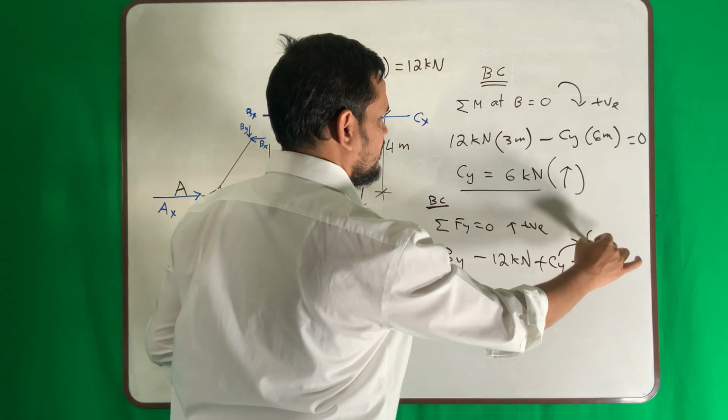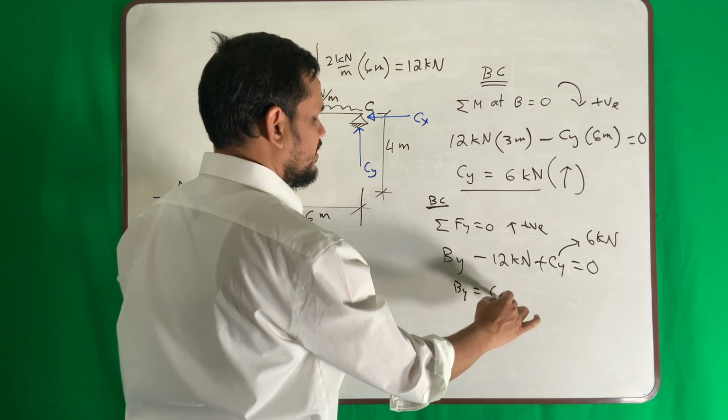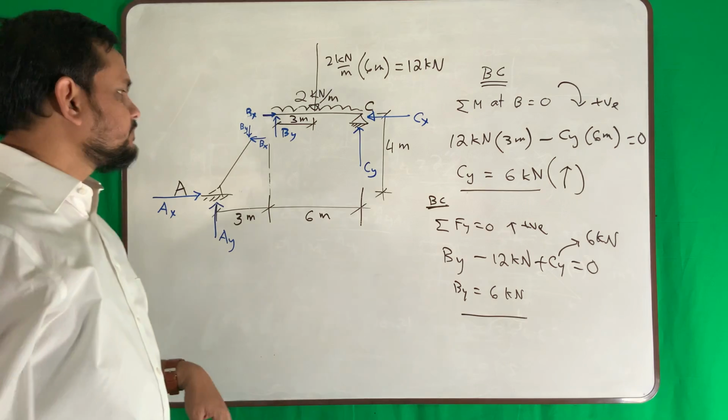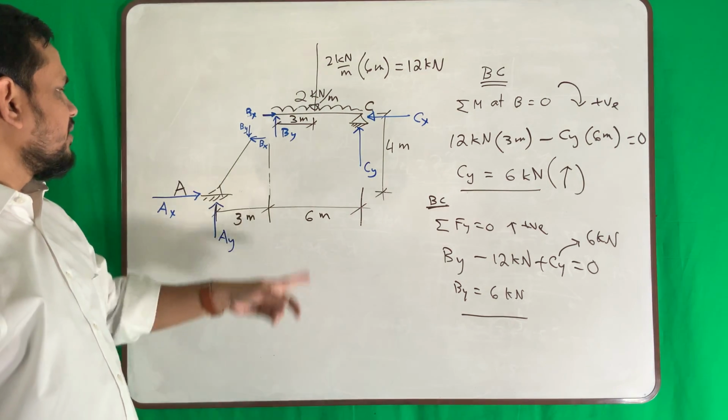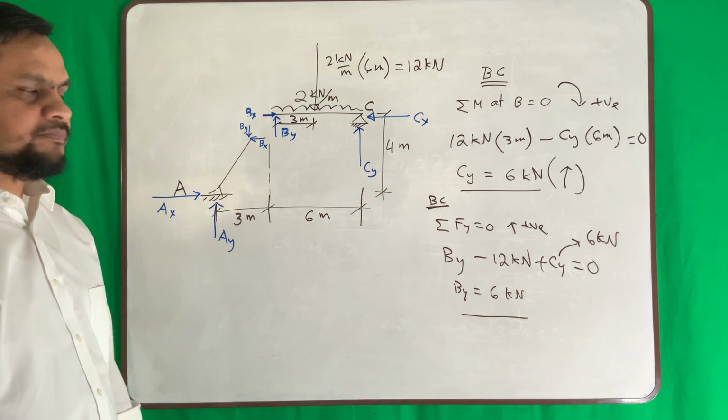This value I know is 6 kilonewton. So my By will be 6 kilonewton, also upward. So I got my Cy and By.